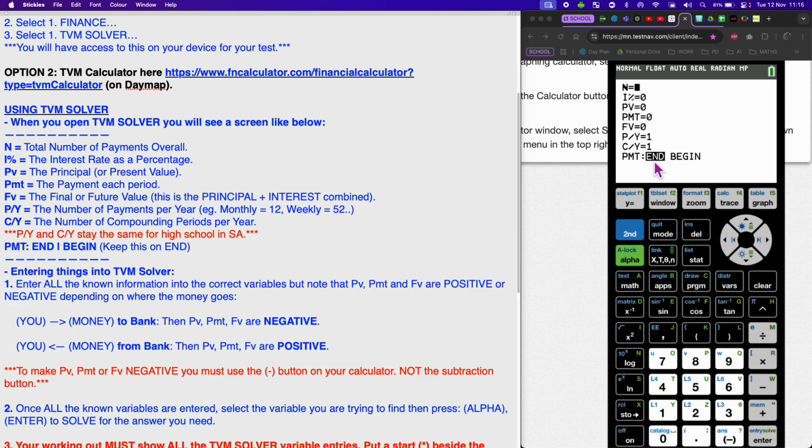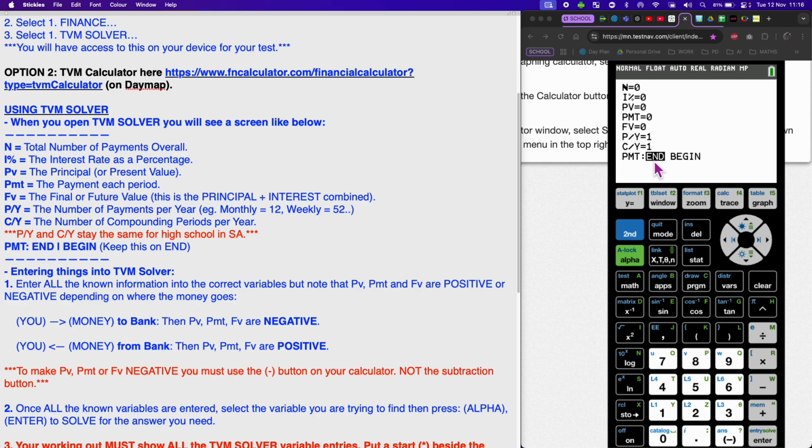They draw a little stick figure with a dollar sign moving away from it, and then they say negative. If the money is coming out of your pocket, going into the bank, it comes up as negative in the calculator for it to understand. If the money is coming to you, so like you've made your investment and the bank's paying it out to you at the end, it's positive instead, okay?